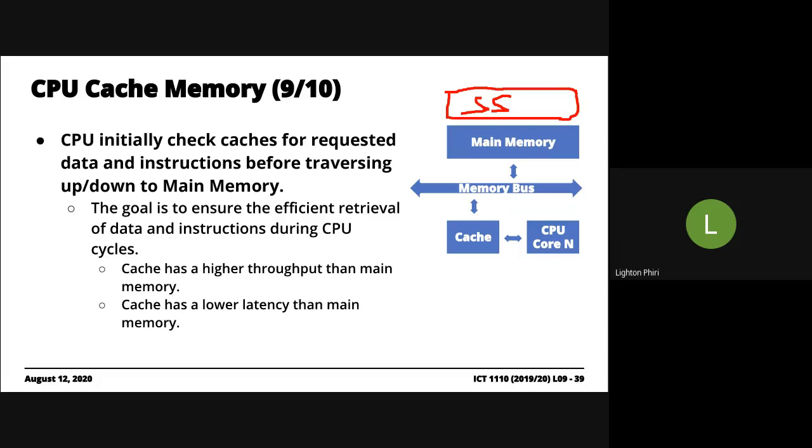So this checking is to do with data transmission, because what the CPU is looking for when it's checking in cache is data, program instructions or data. So we are conflating two different things here.